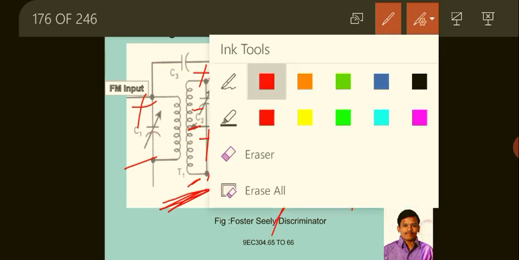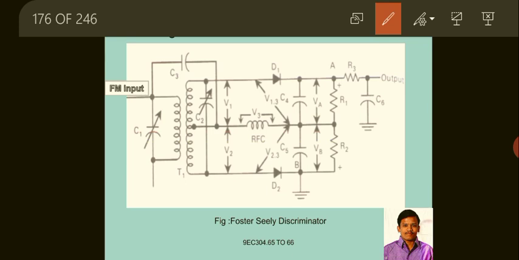Once again I will draw neatly. So positive cycle, this becomes plus, minus, plus, minus. Why I am drawing plus minus: because of the center tapped winding at the secondary side, it will be divided into two equal voltages of opposite sign or out of phase.